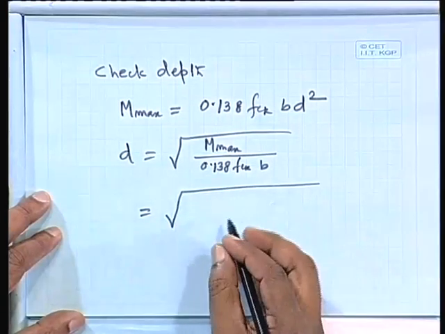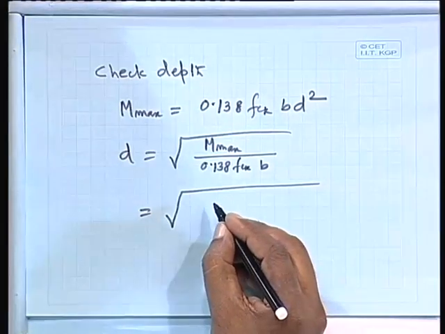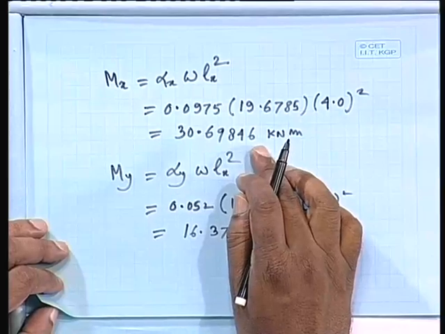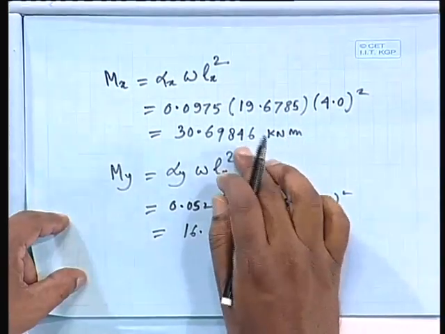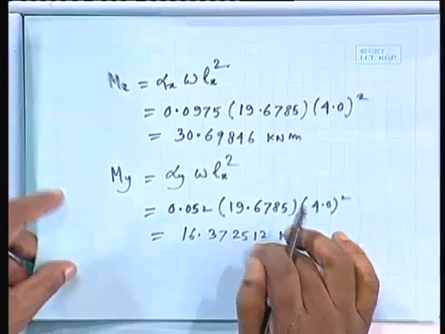Out of these two, 30.69846 is the maximum. So we shall use this one for checking depth. Then automatically the other one will also be checked.